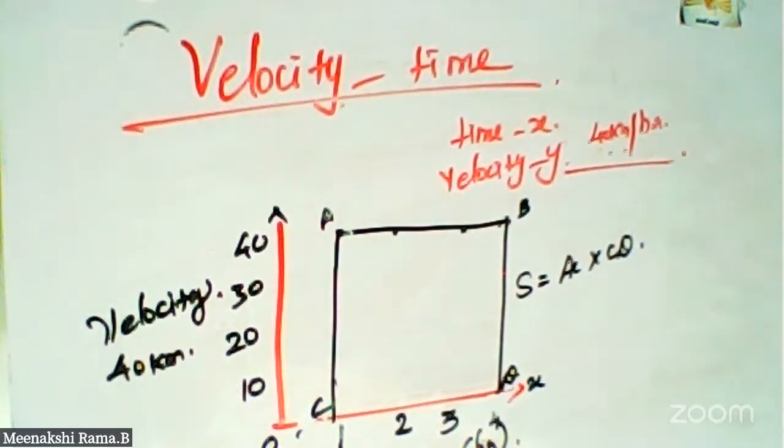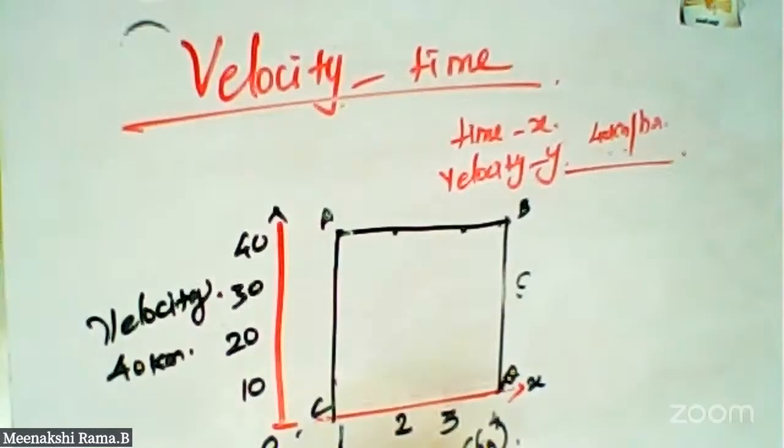So the velocity of the car in meters per second is shown at different times. This is the uniform accelerated motion velocity time graph.